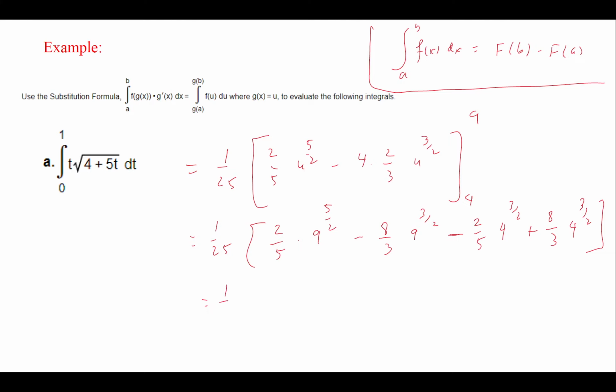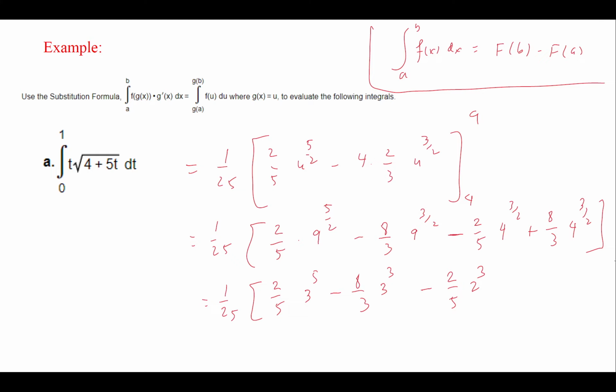Before that, don't forget that 9 to the power 5 over 2 is 3 to the power 5, because 9 means 3 squared. Same thing here, I can write it as 3 to the power 3. This is the square root of 4, which is 2 to the power 3.